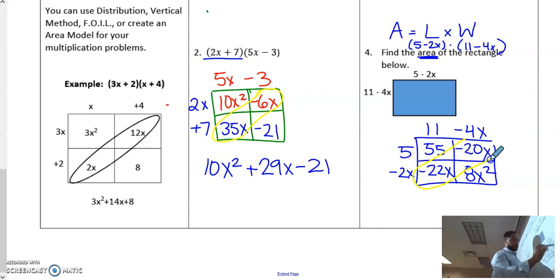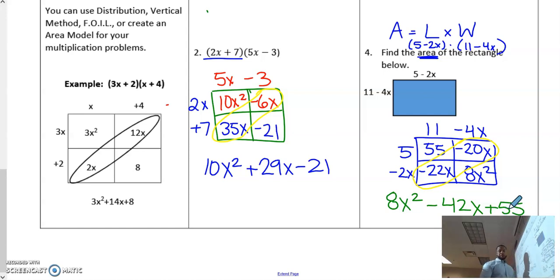They're still diagonal. So we can combine those. And I'm going to write them in standard form. That means the highest exponent is going to come first. So when I write my answer, it's going to be 8x squared. When I combine these two, I get negative 42x. That's 20 plus 22. Both negative, so you have to add them. Plus 55.